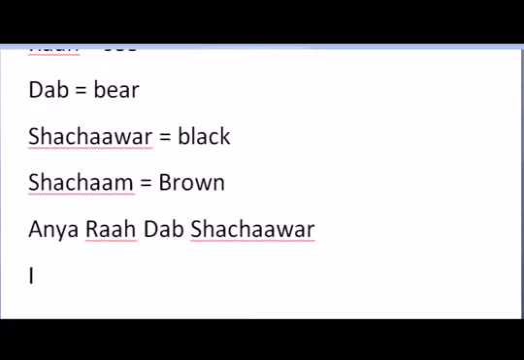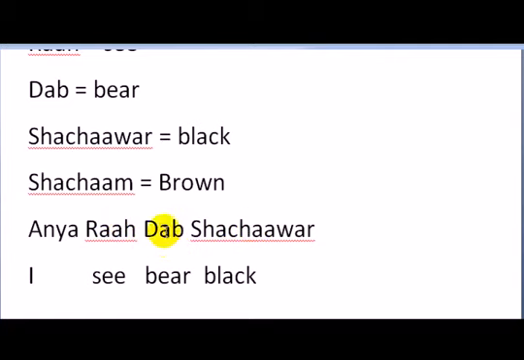It says I, see, bear, black. That's how you would construct the sentence. Anya is I, Ra'a is see, Dab is bear, Shakawar is black. I see bear black.